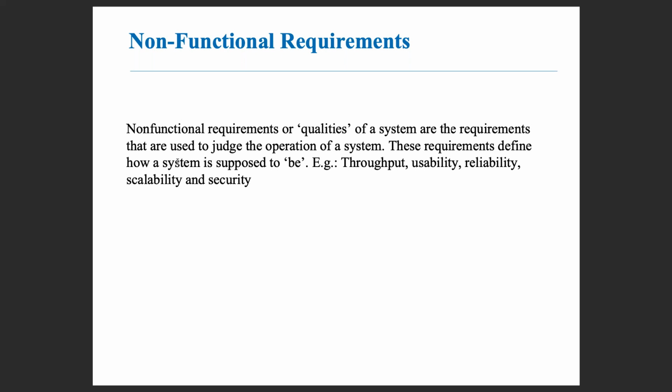Functionally, you are not doing anything special, but as in the examples, it's throughput, usability, reliability, scalability, and security. If you see any requirements which are not functionally doing anything but are related to these things, like usability, the products that Apple creates are very user friendly. Users can easily understand how to use them without following a user manual.